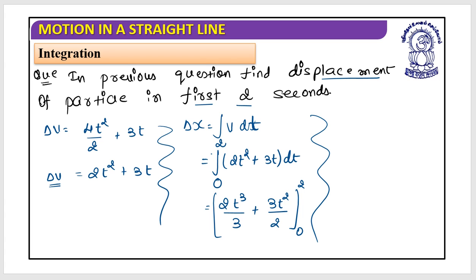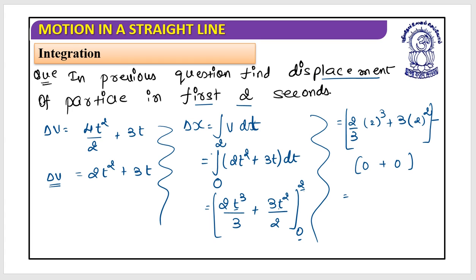If I do this, that would be equal to 2 by 3 into 2 cube plus 3 by 2 into 2 square, minus the value at 0, which is 0 plus 0.